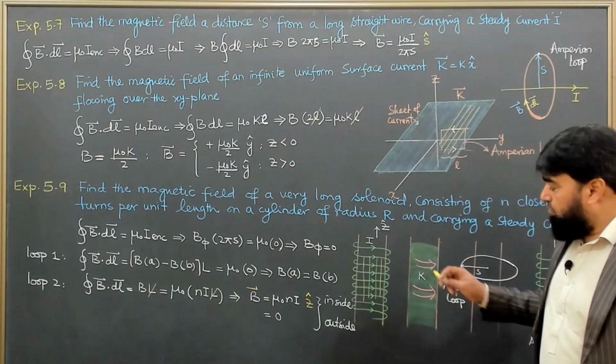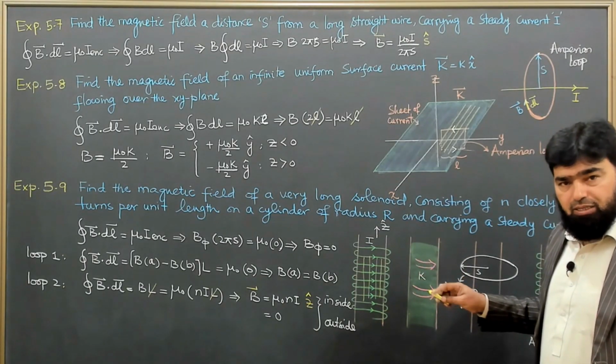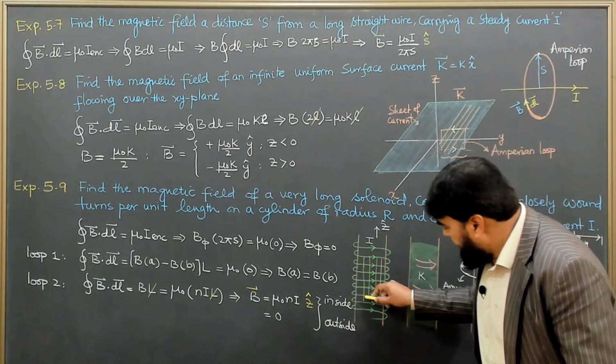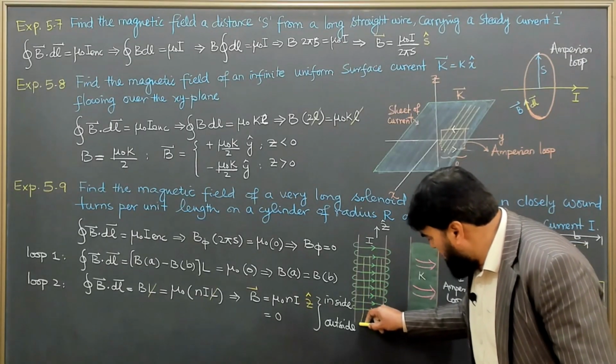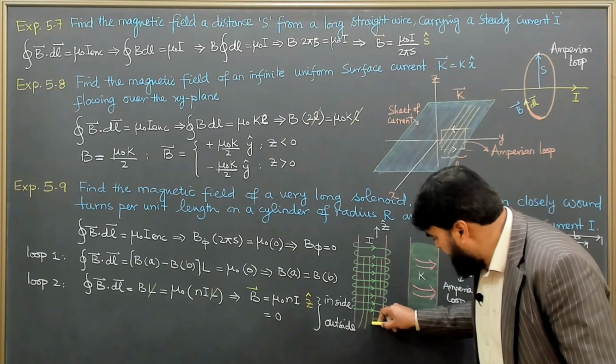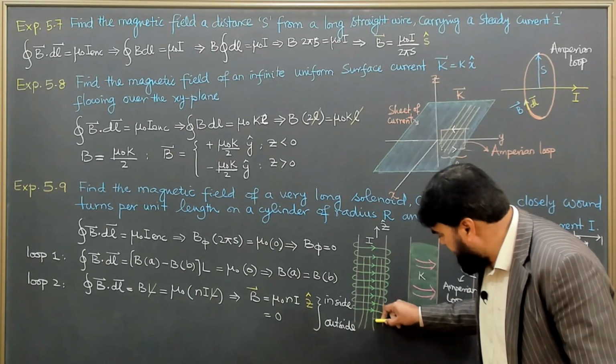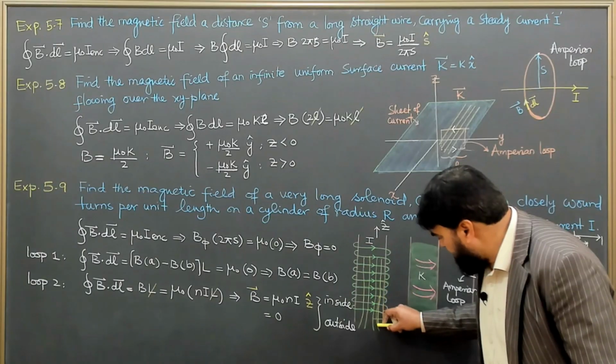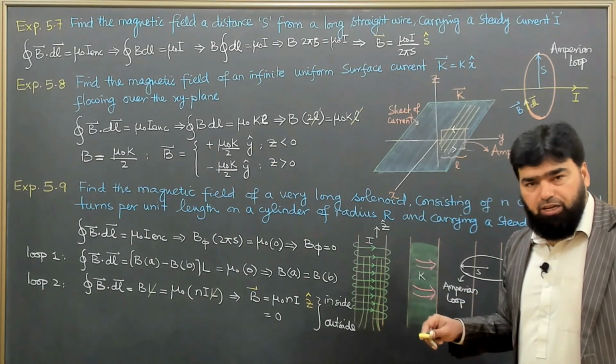But for a finite cylinder or solenoid, these lines will slightly deviate, and we will have some fringe effect there.